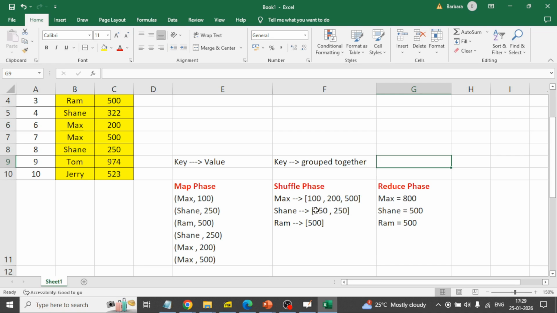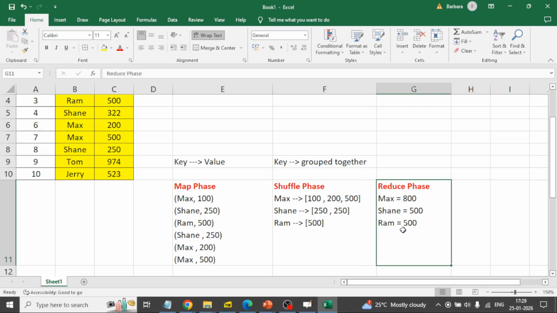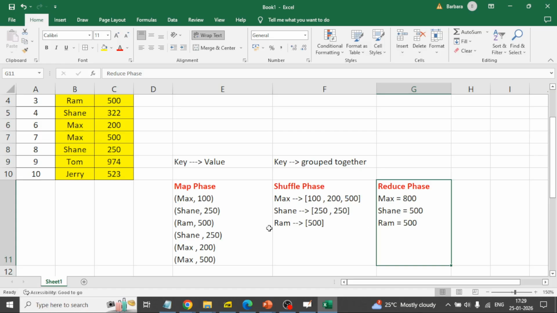The total amount of orders placed by Shane is 500. We cannot only add. We can find the average amount of orders placed by Max. What is the minimum amount of order placed by Max? What is the maximum amount? So this is how map, shuffle, and reduce work in MapReduce.